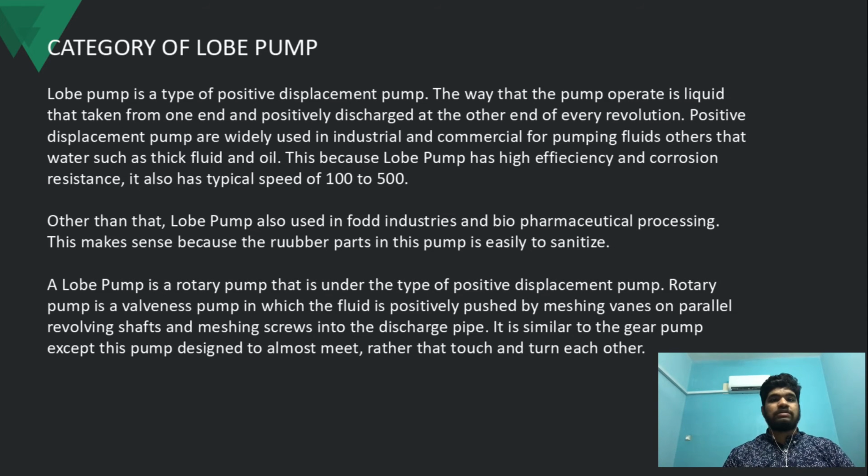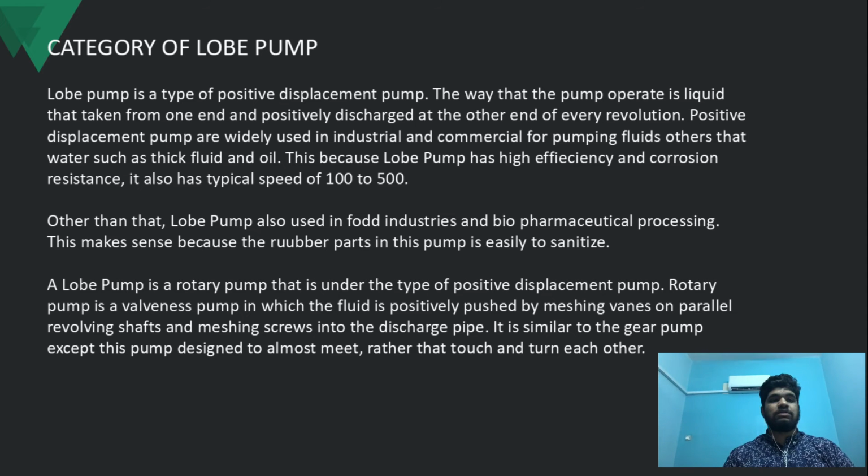It also has a typical speed of 100 to 500. Other than that, the lobe pump is also used in food industries and pharmaceutical processing. This makes sense because the rubber parts in its pump are easy to sanitize.